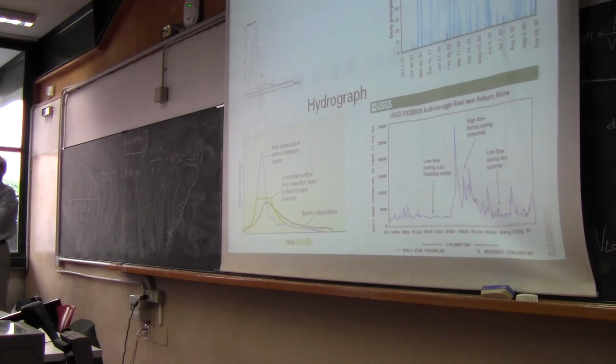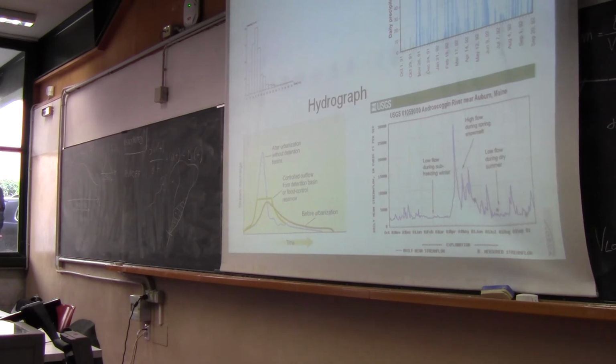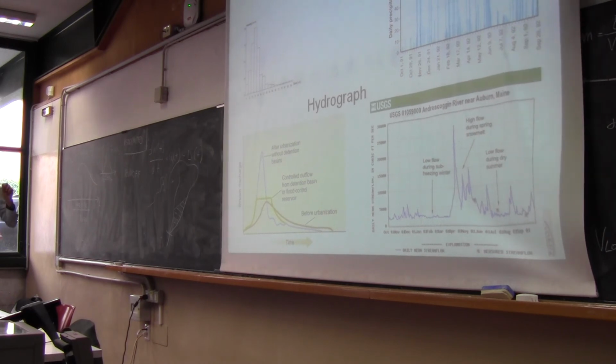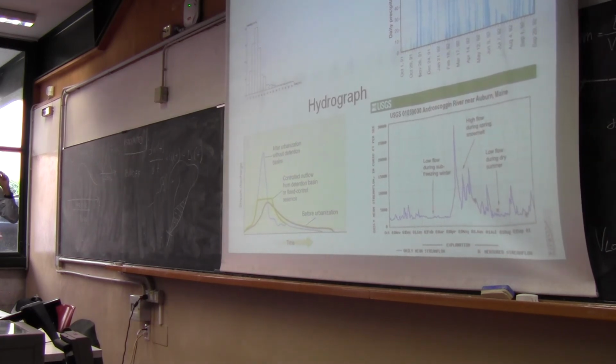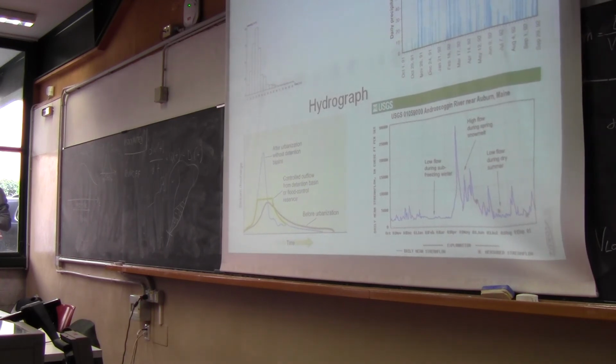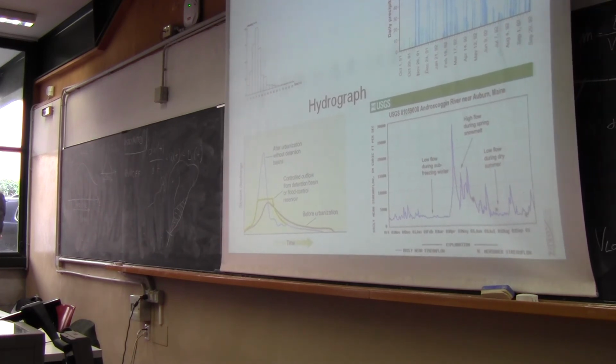And what will you see? You will see that for huge rivers, the contribution per unit surface of the catchment to the flood flow is much, much lower than for small river catchments.